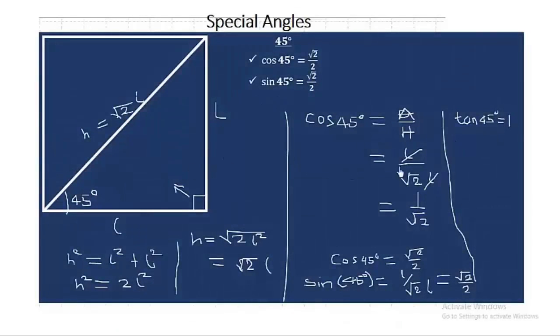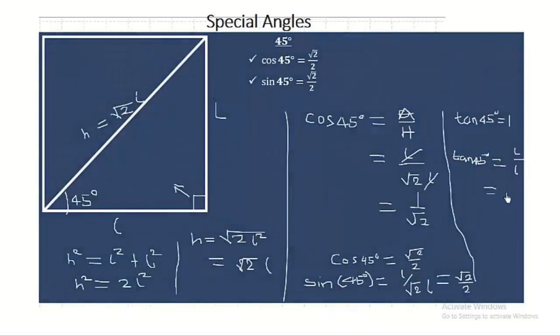Or better still, we can use the diagram. We can find tan 45 degrees to be equal to opposite over adjacent, which is L over L, and this will give us 1. So tan 45 degrees is equal to 1. So this is our first set of special angles.